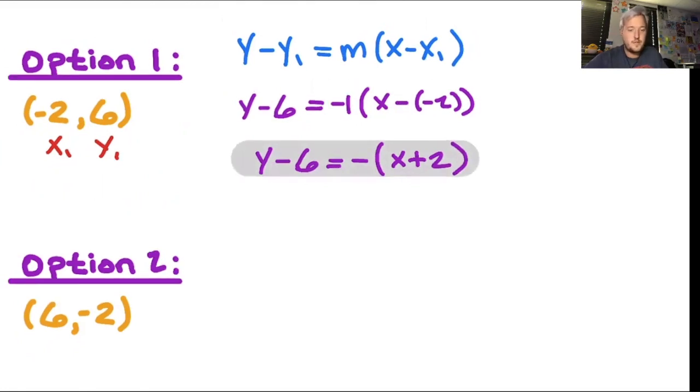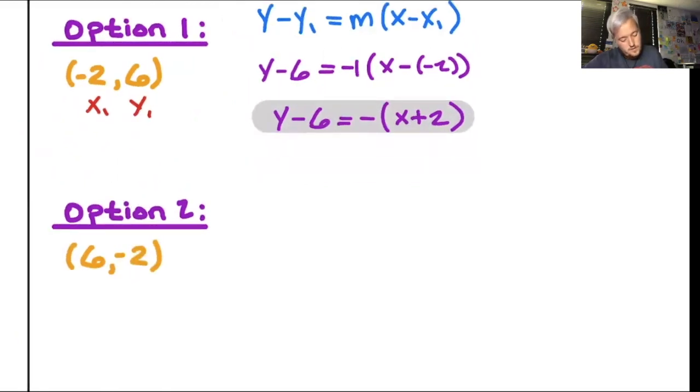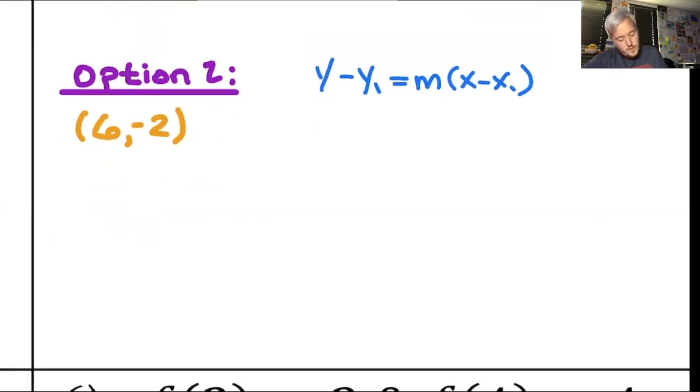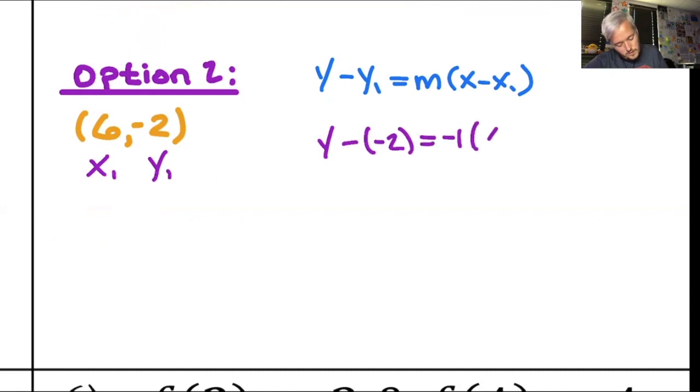Now our second option down here, same idea. So y minus y1 equals m times x minus x1. All right, so I'm going to have my x1, y1 over here that I'm going to pull again. So I'm going to have y minus negative 2 equals slope of negative 1 times x minus 6.